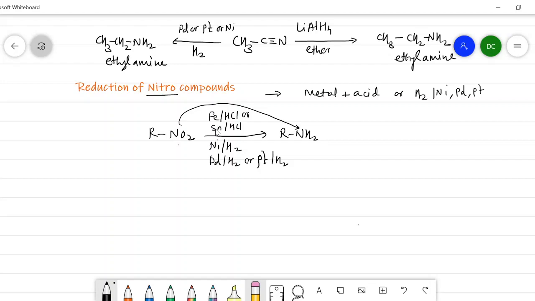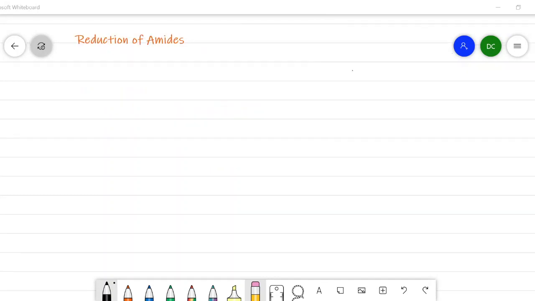Now, the last method of preparation is the reduction of amides, in which there is a conversion of CONH2 into CH2NH2. I will write first a general reaction: RCONH2 is converted into RCH2NH2.